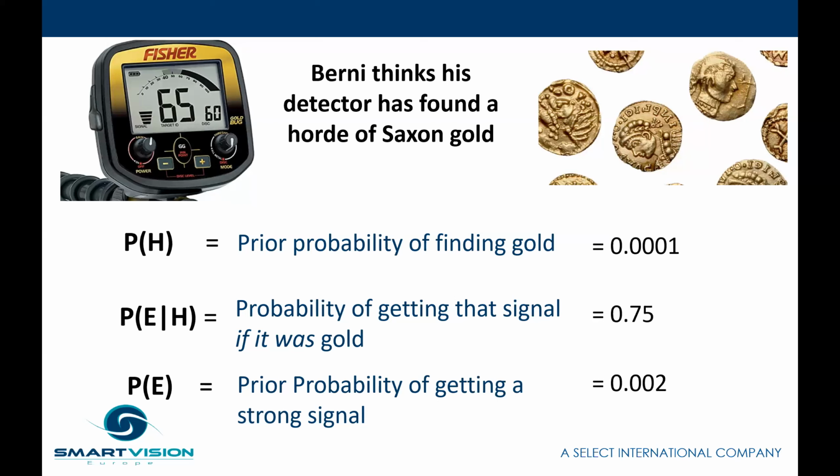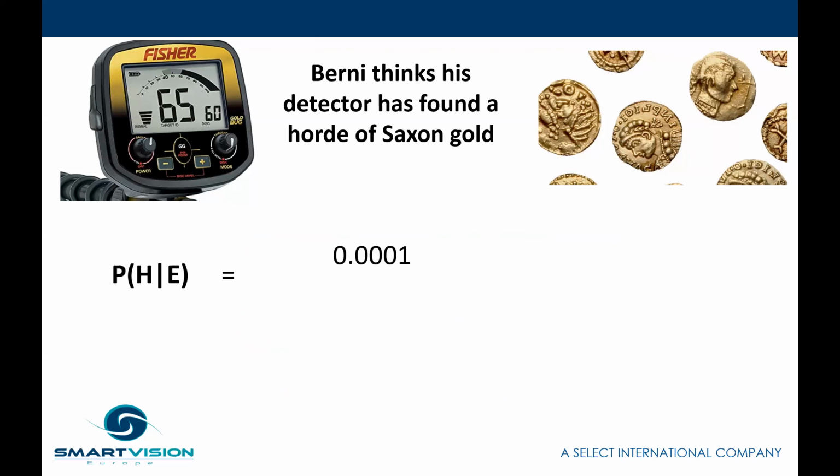So that calculation then becomes effectively this: 0.001 multiplied by 0.75 divided by 1 in 500, which is 0.002. And that means you get a probability value out there of about 3.75%. So is it likely he's found gold? Probably not.